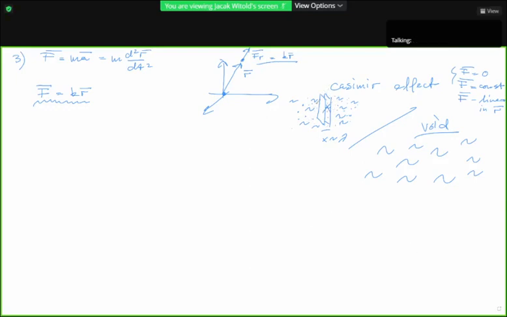The result would be a positive pressure from the larger number of virtual particles from creation and annihilation processes. They would be pushing these plates together even further.